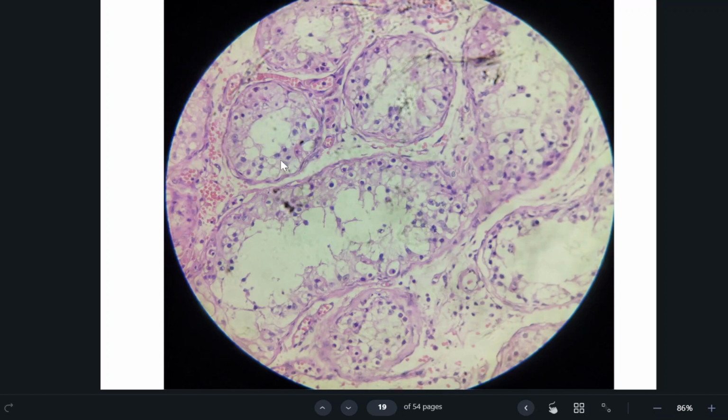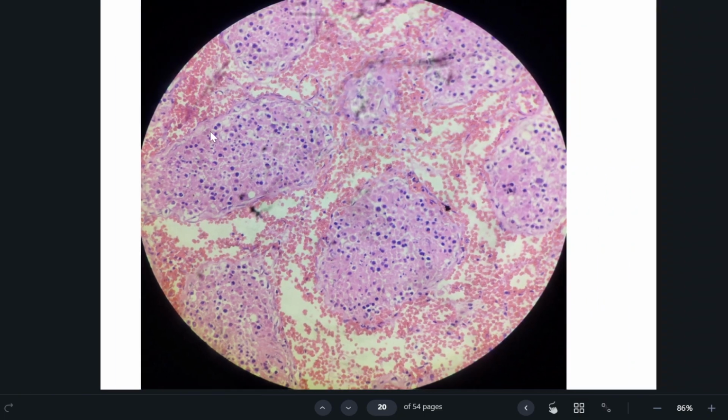So there are spermatogonia with a clear cytoplasm, primary and secondary spermatocytes, early spermatids, then late spermatids. So these are the normal seminiferous tubules.